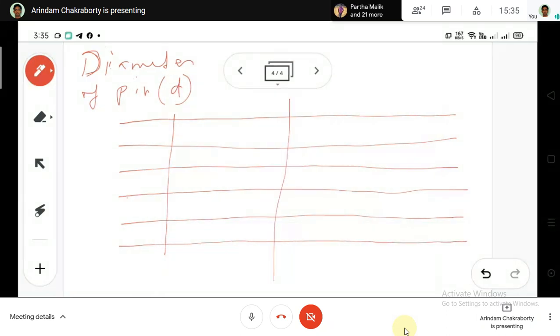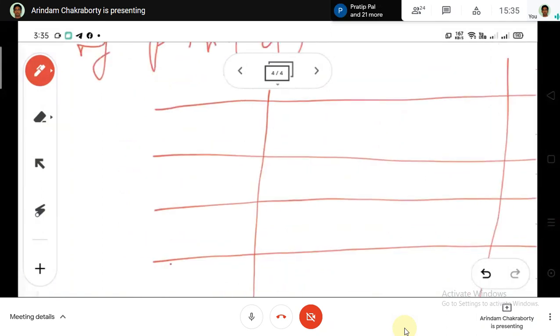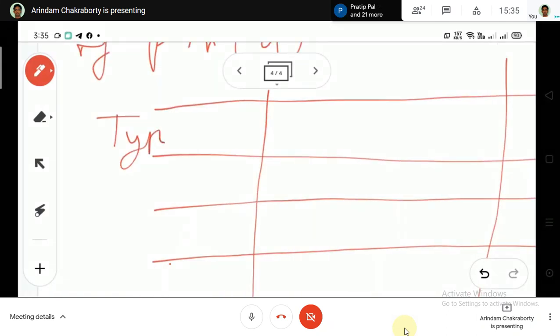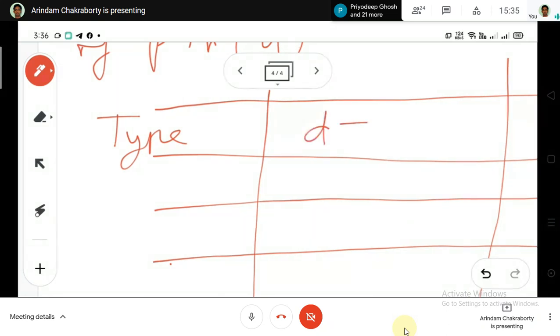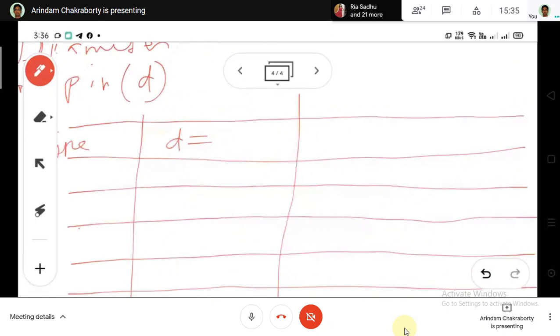At first you have to write type, next you have to write d equals to, third you have to write approximation.